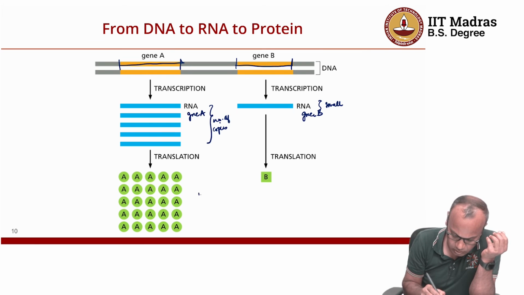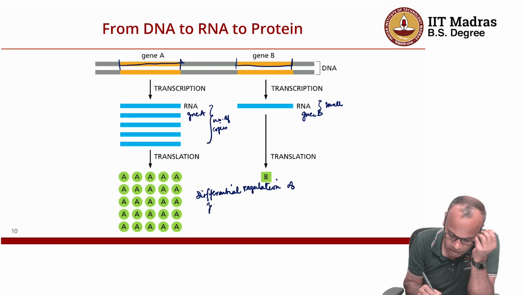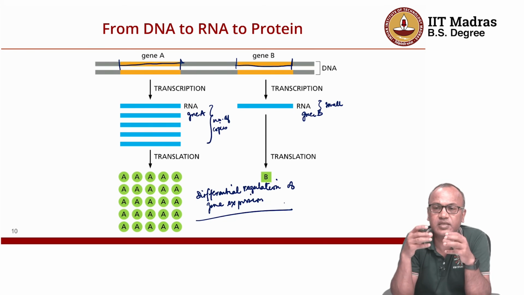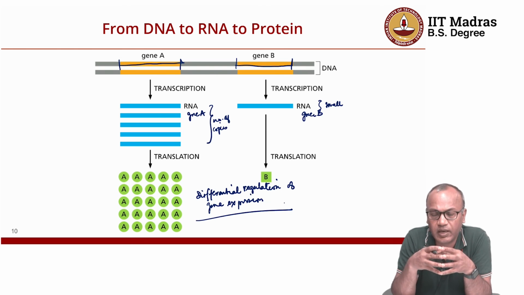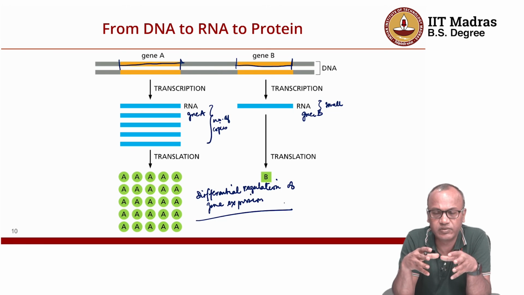So this is called differential regulation of gene expression. Gene expression is the production of RNA from a gene on the DNA. And this is a very important concept because this is one of the fundamental experimental techniques.